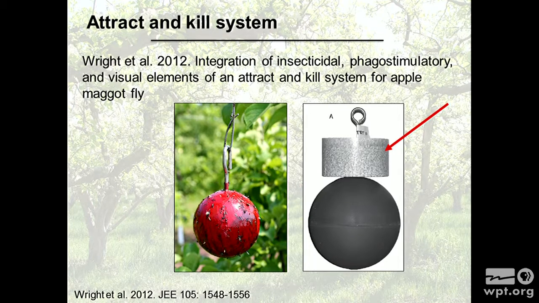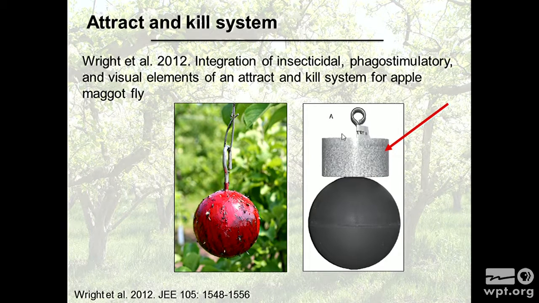That's from the same lab as the people that started this whole approach, the person that was starting that for apple maggot. The idea is that these spheres are time-consuming, everything I just mentioned in the previous slide. And so there had been development from that same lab in West Virginia where they looked at, so this is a black and white picture from that paper, but this is a red sphere too.